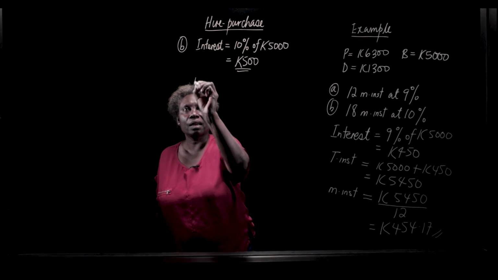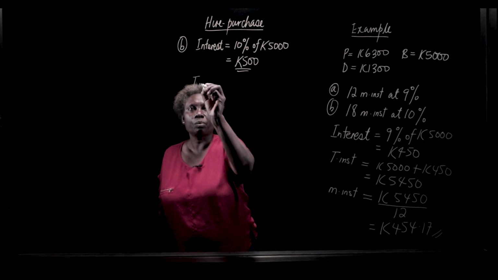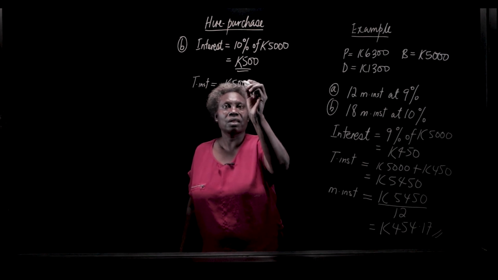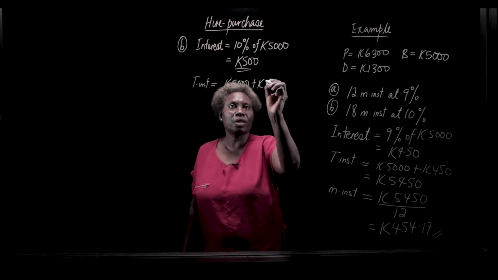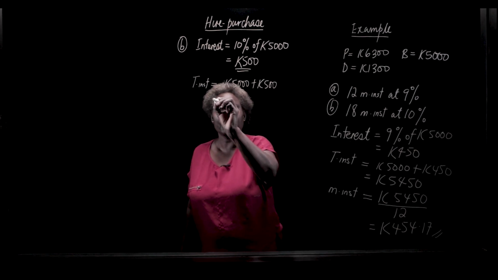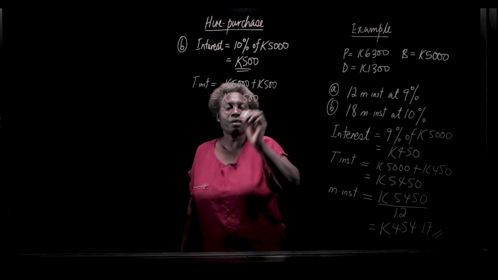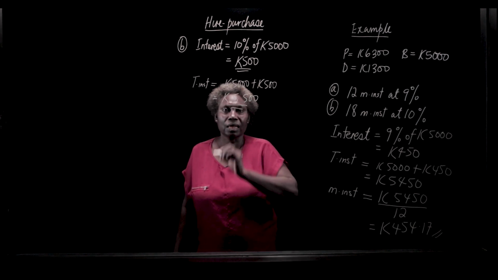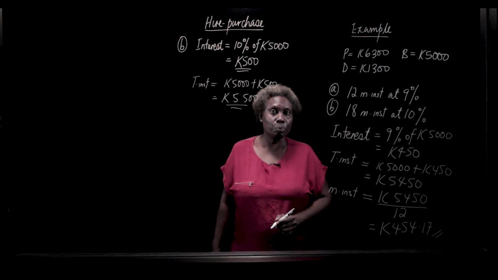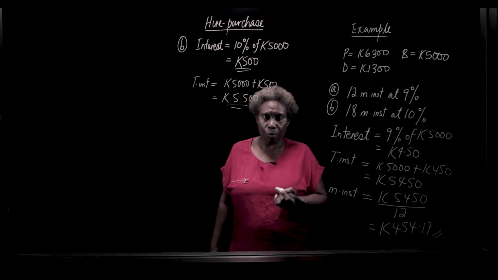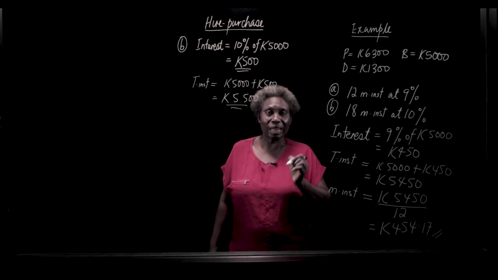Let's calculate the total installments. The total installments is equal to 5,000 kina plus the interest of 500 kina. That gives us 5,500 kina. That is the total that he is going to pay at the end of 18 months. Let's see how much he is going to pay monthly.